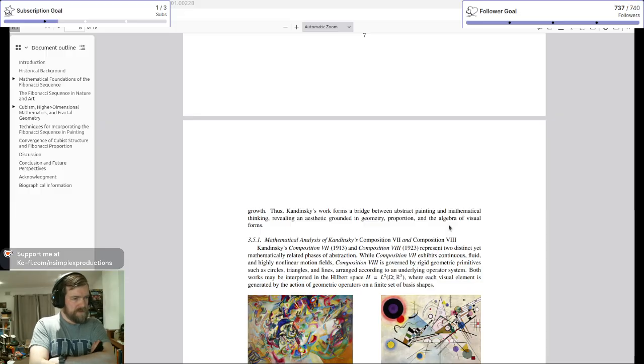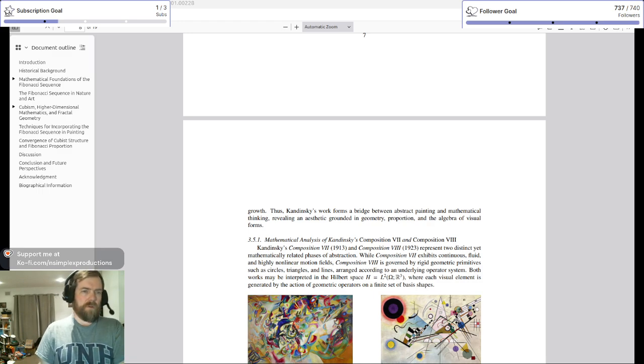Piet Mondrian's perfect balance. Okay, well, we're going to have to look that one up.